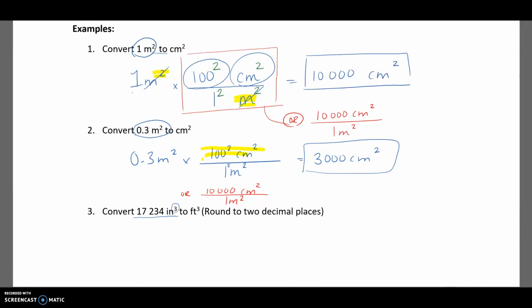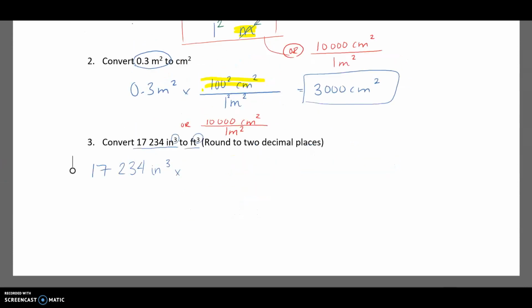Take a moment and try the next example, where we want to now convert 17,234 cubic inches into cubic feet. Pause the video and try to set up the unit conversion on your own, and then we'll go through the example. If you want to start working through this, just like the length unit conversions that we've done, remember, always start with your given amount, 17,234 cubic inches. We can start with the length unit conversion.